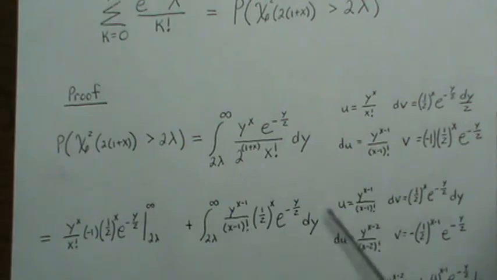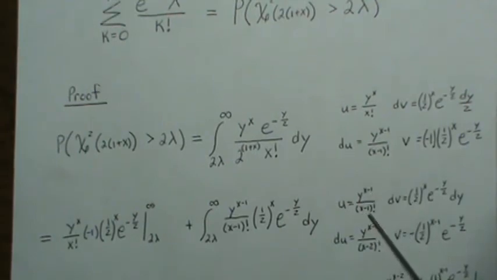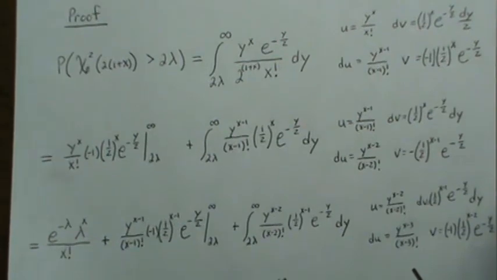So here the next step is u is equal to y raised to the x minus 1 over x minus 1 factorial. dv is what's left over, 1/2 to the x, e to the minus y over 2 dy. Differentiate, antiderivative, and then we get this piece.